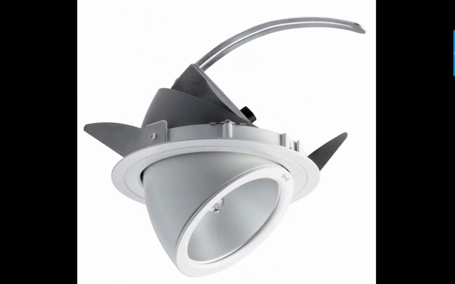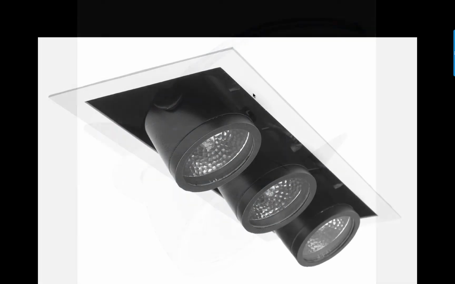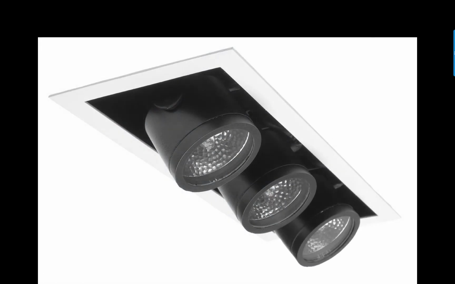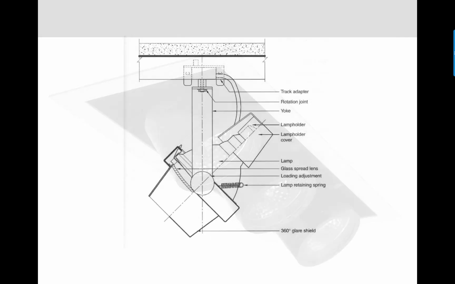And some of these are actually called eyeball fixtures, which is kind of silly. This like eyeball sticking out of the ceiling. But the idea here is that they are adjustable. They swivel around the vertical axis, but then they swivel kind of top to bottom so that you can aim them down or more sideways. And these can be ganged together into various fixtures, and some of these you can adjust them all at once, and some of them you can adjust them individually.